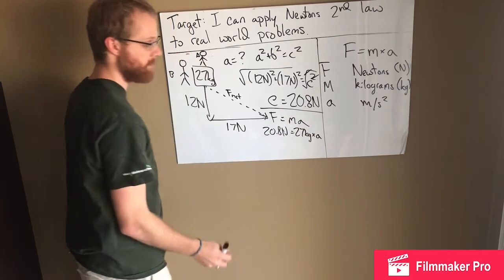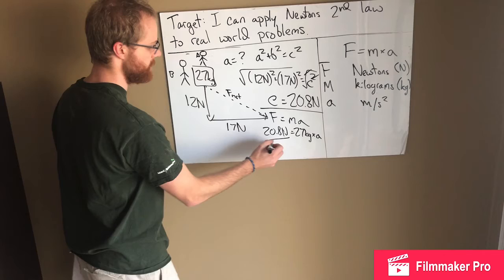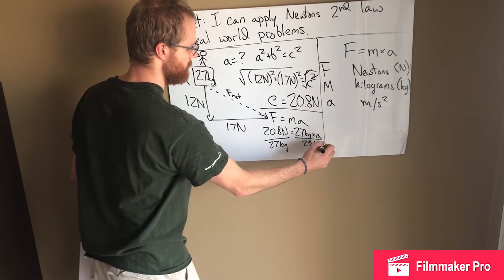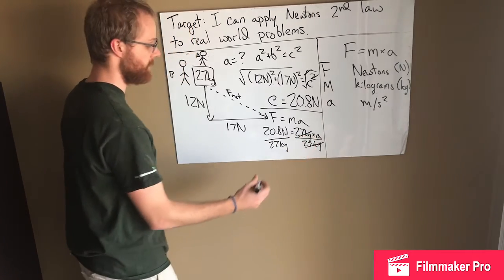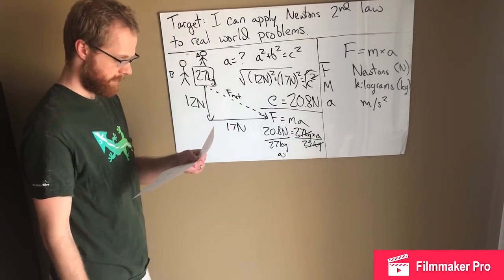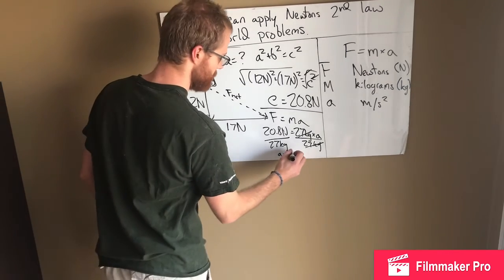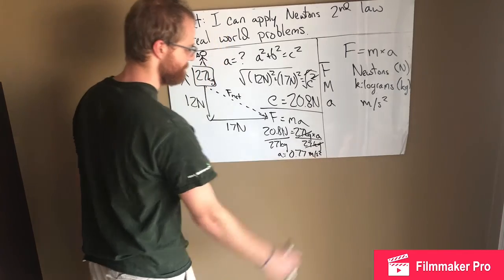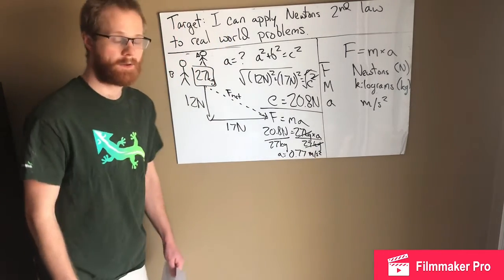I'm trying to find the acceleration, so I divide both sides by 27 kilograms. My 27 kilograms cancel out. And the acceleration exerted on the box should be 0.77 meters per second squared. Cool. And there you have it.